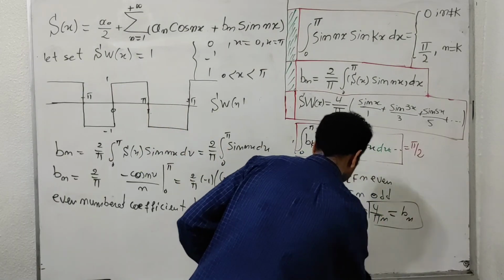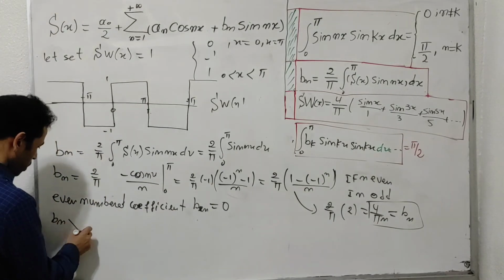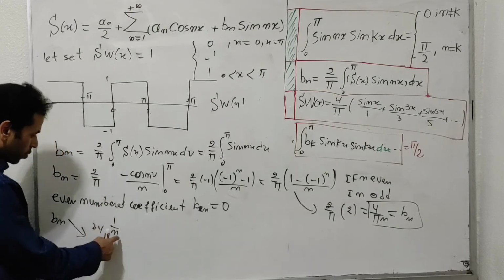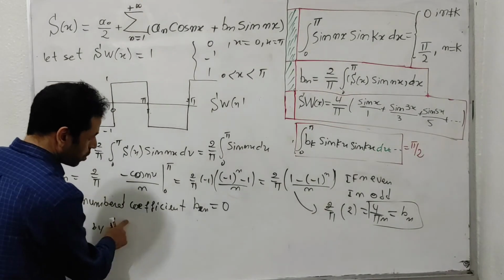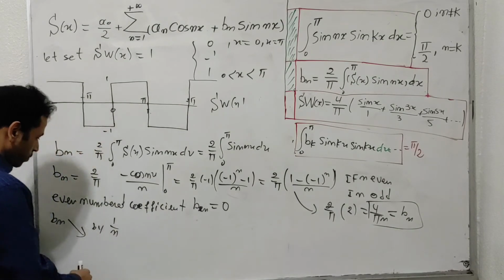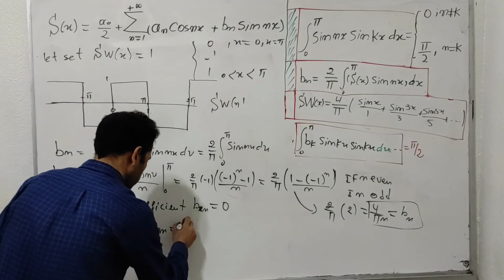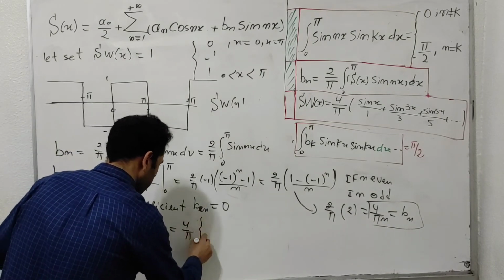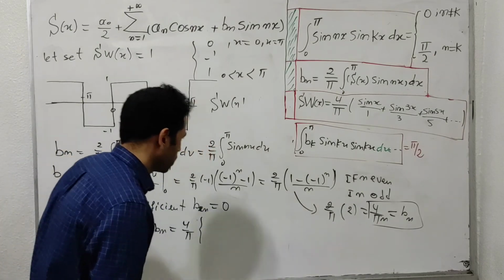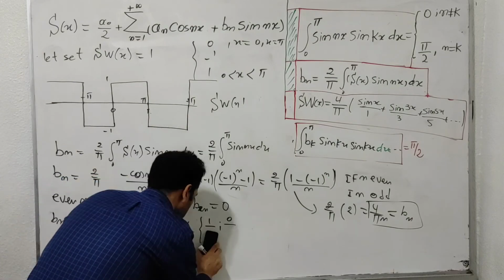That means b sub n is decreasing by 1 over n, because as n goes up, this term comes down. So now the coefficient b sub n equals 4 over pi, depending on n. If you choose the first one, an odd number, I will have 1 over 1.